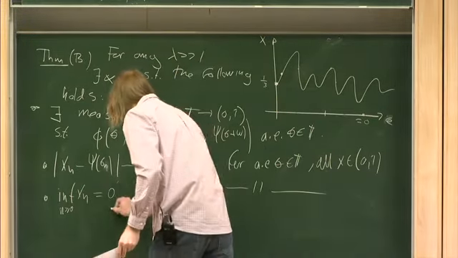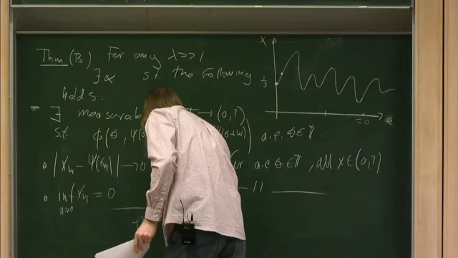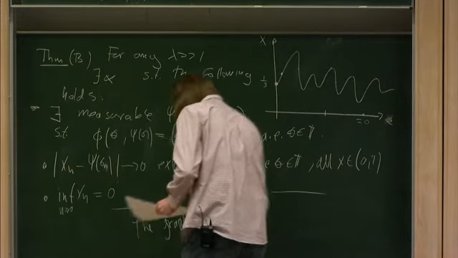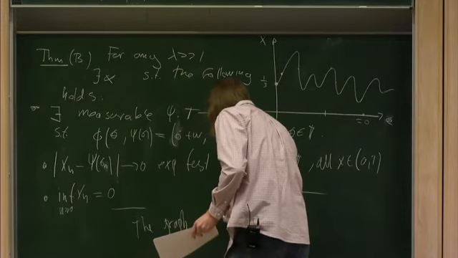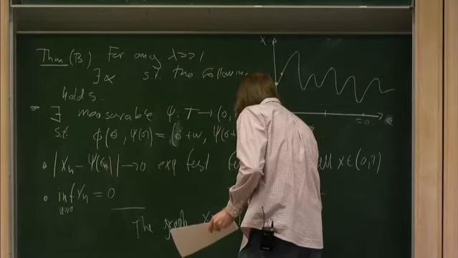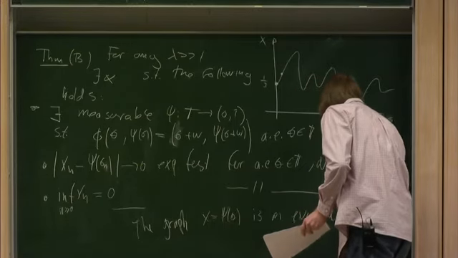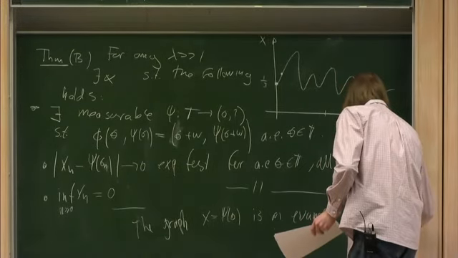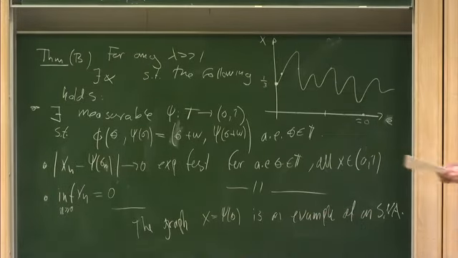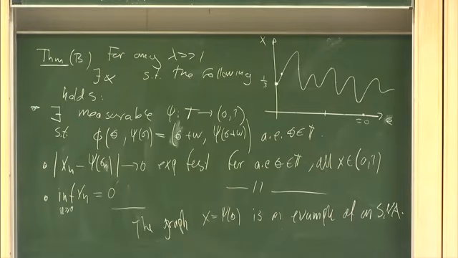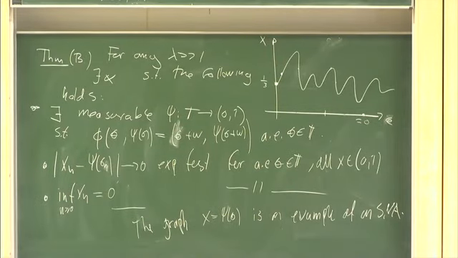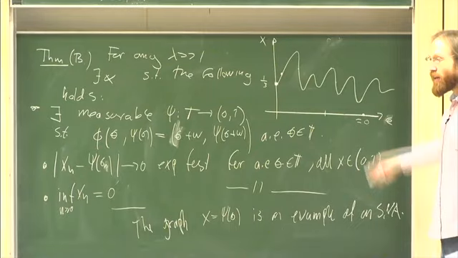So the graph x equal to psi of theta is an example of an SNA. There are lots of numerical papers about the existence of this, but very few rigorous results that they do really exist.